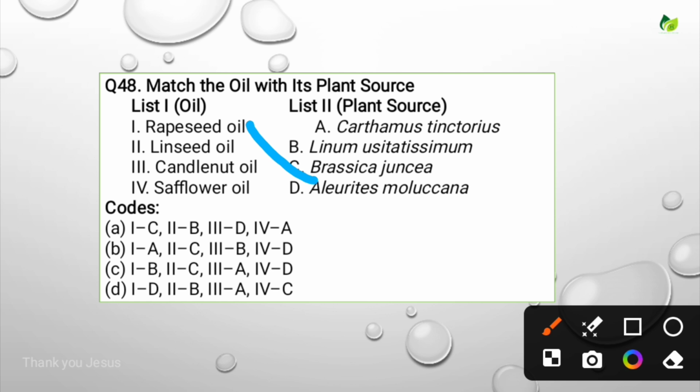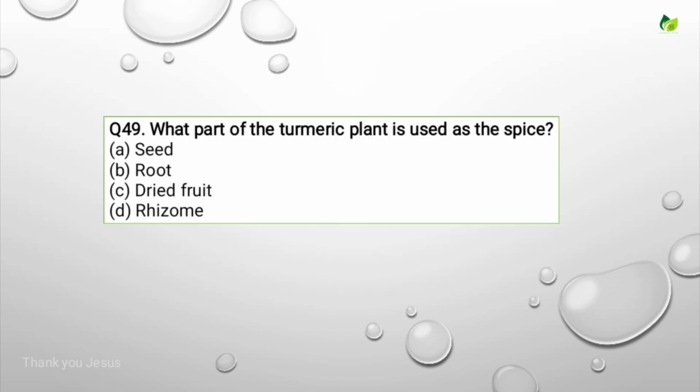Linseed oil is obtained from Linum usitatissimum. Cardal nut oil is obtained from Aleurites moluccana. Safflower oil is obtained from Carthamus tinctorius. For this, the correct answer is the first one. Let's see the next question.